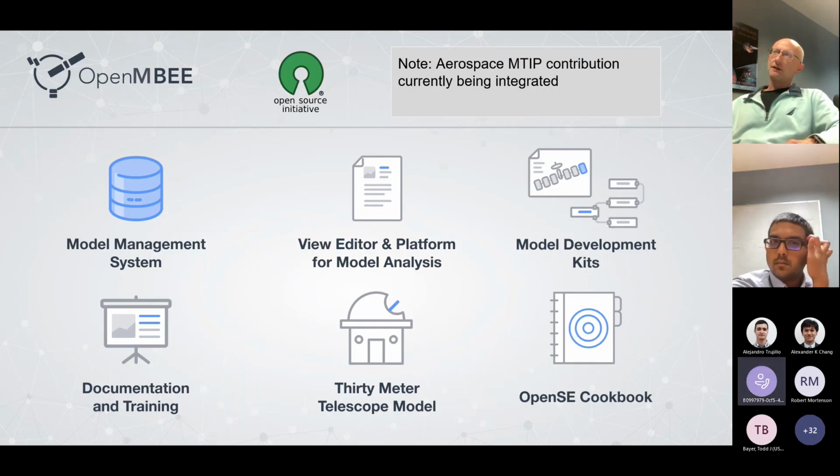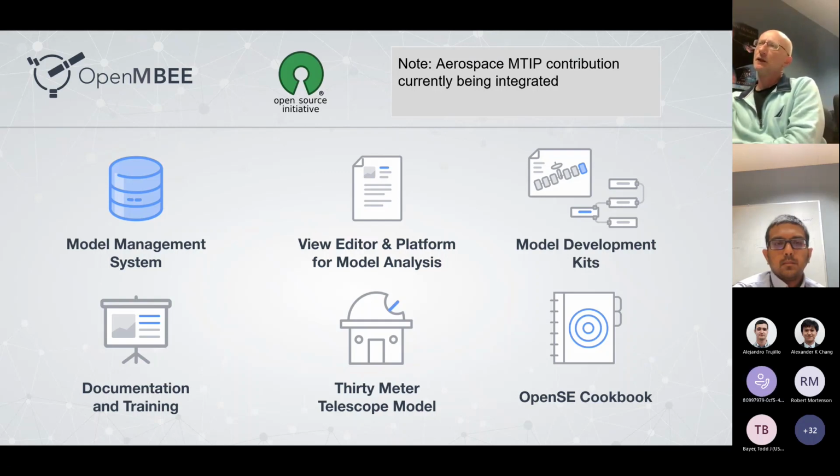The view editor is conceptually the document editor that allows you to author your engineering documents, integrating as linked data element data from engineering models. The model development kits act somehow as an integration element, right?